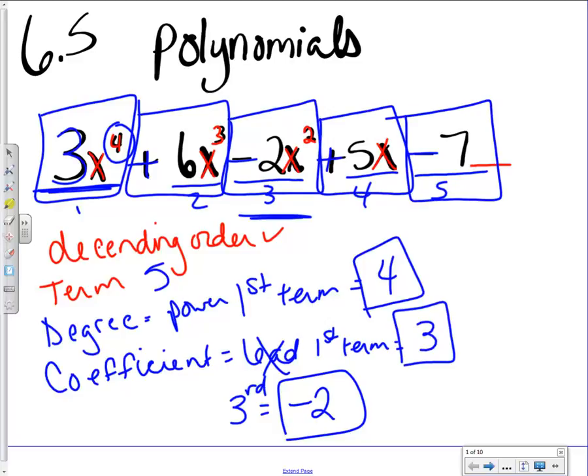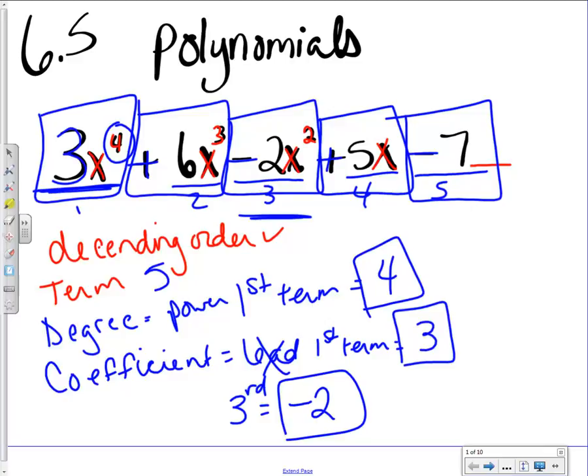So this is what you have. You have 3x to the fourth, and then a positive 6x to the third, and then your third term is a -2x squared. Your fourth term is a positive 5x, and your fifth term is a negative 7. So I want you to see by boxing them in what is grouped together. It's the symbol in front of that term goes with it.